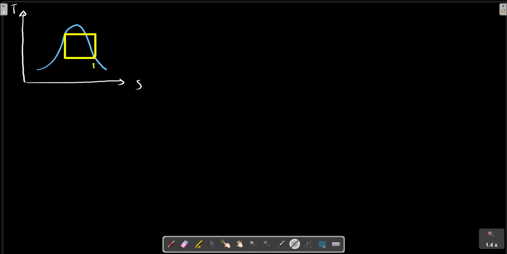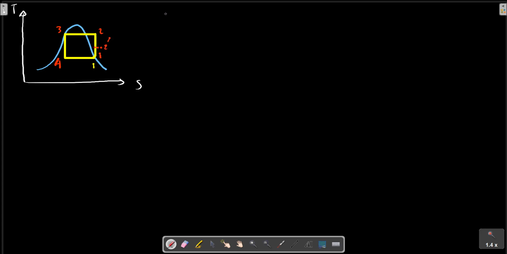Point 1, 2, 3, 4, and also a midpoint here, 2 prime, for example.